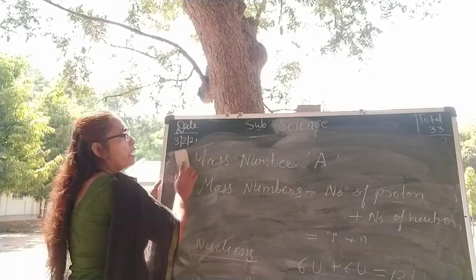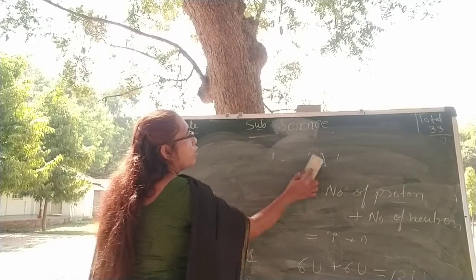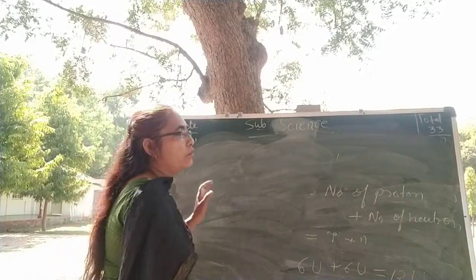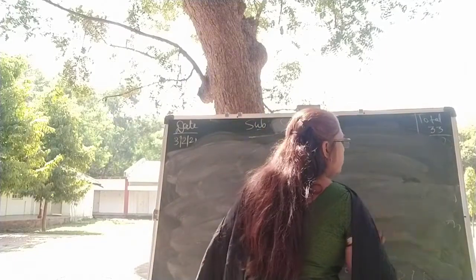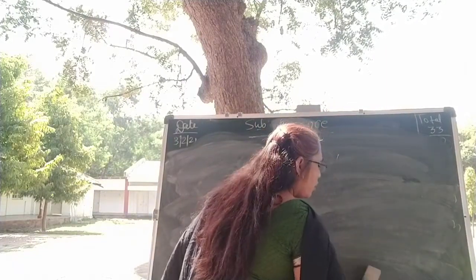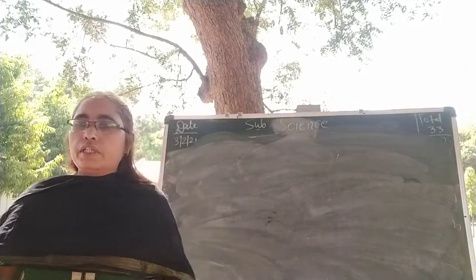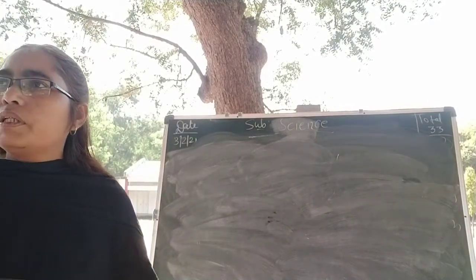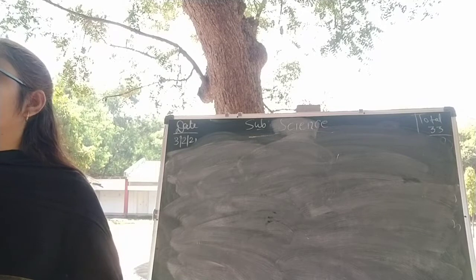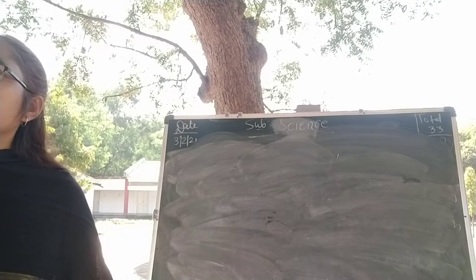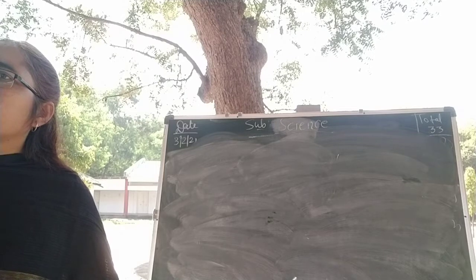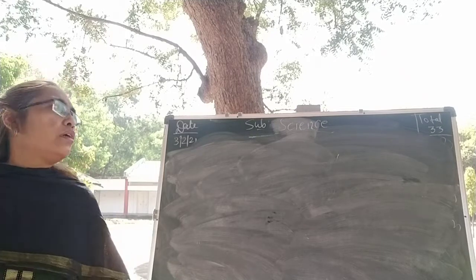Now what is the relationship between atomic number, mass number and number of neutrons? Can anyone give the relationship? Correct.